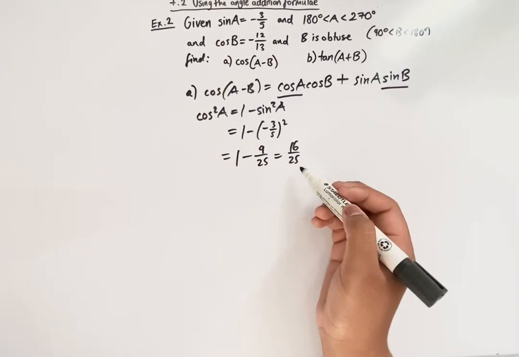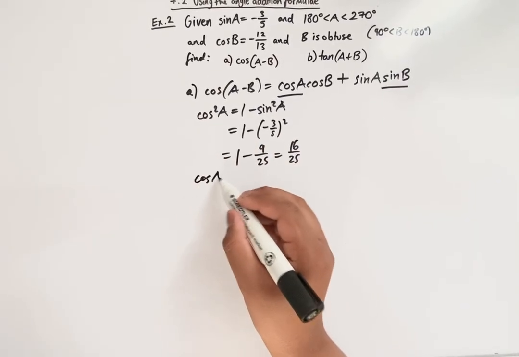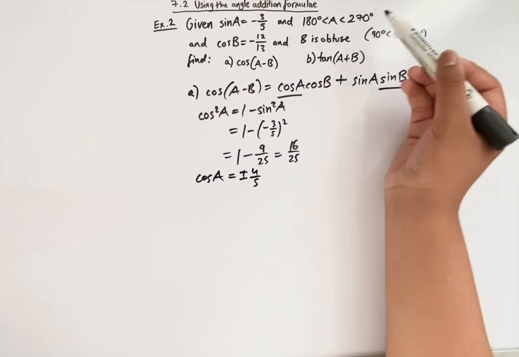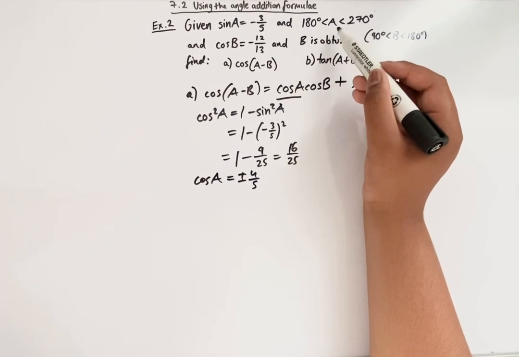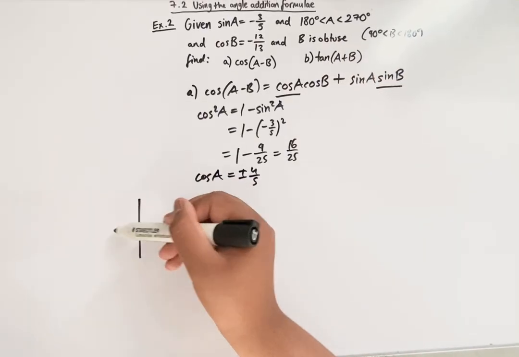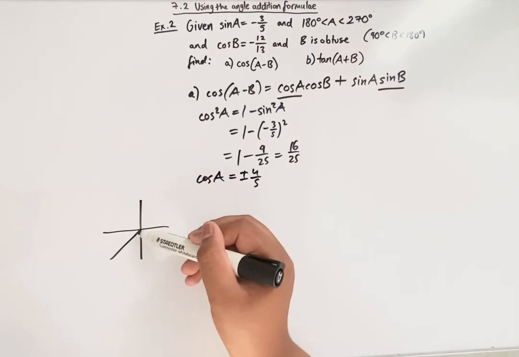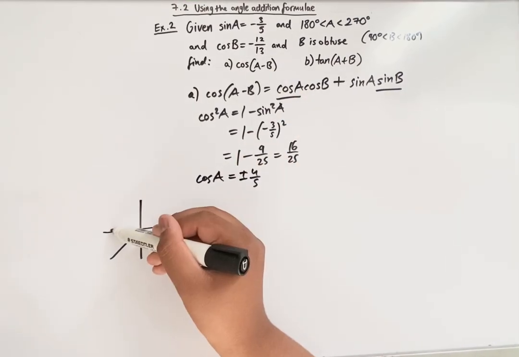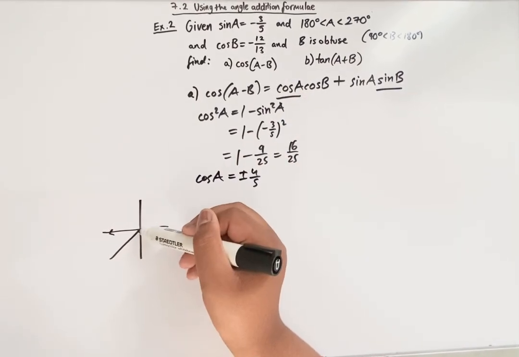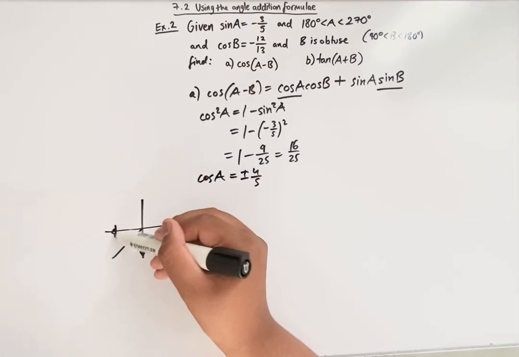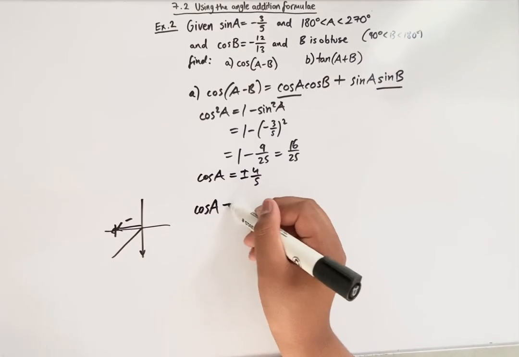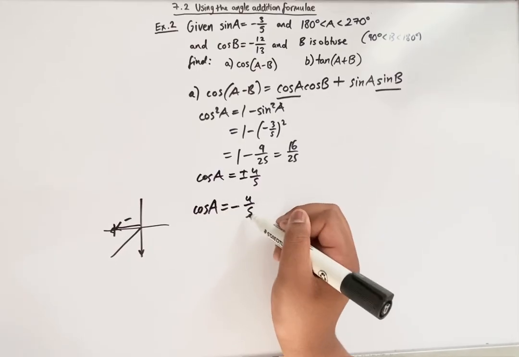So cos squared a is 16 over 25, and cos a is equal to plus or minus 4/5. But we're given that 180 degrees is less than a, which is less than 270. If we draw a CAST diagram, 180 to 270 is here. So if sine is negative 3 over 5, cos will also be negative because it's going this direction. So cos of a is equal to minus 4/5.